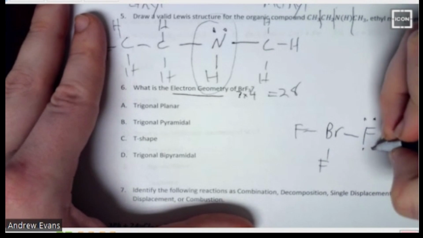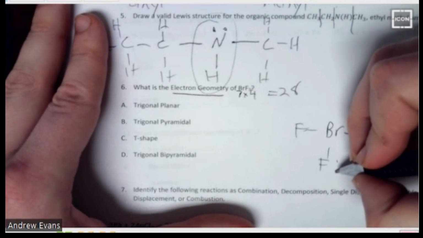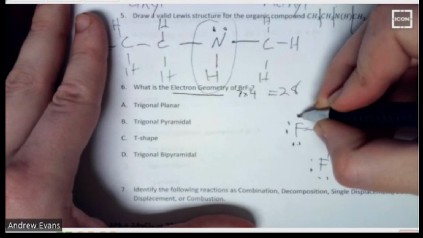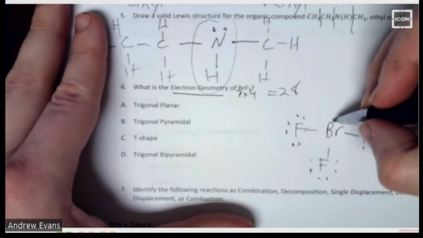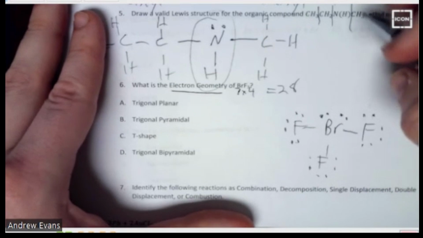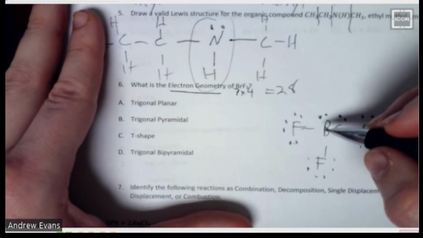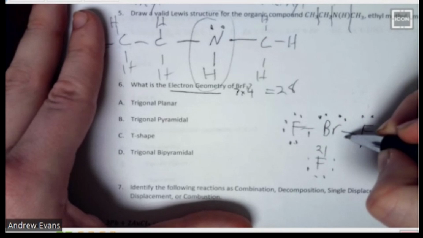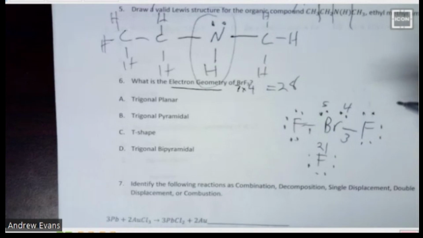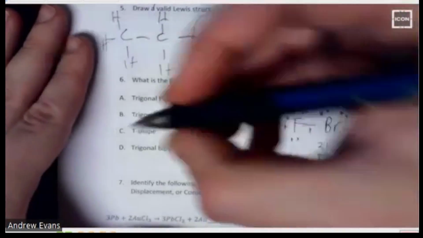Lone pair, lone pair, lone pair, lone pair. With 3 of these, that puts it at 24. So that means lone pair, lone pair. So how many things are coming off the bromine? 1, 2, 3, 4, 5. Now you may have been correct that it is T-shaped molecular geometry, but in terms of electronic geometry, it is trigonal bipyramidal.